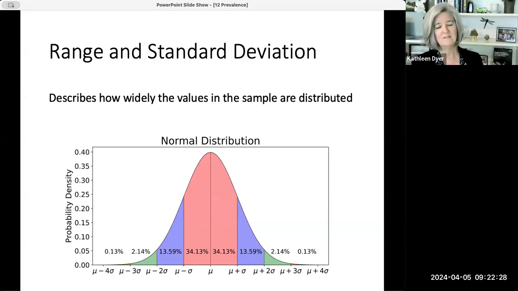Standard deviation is a more standardized way of doing this, but let's think of all of the test scores if we plotted them. Maybe 75 is that middle line down the red middle part of the distribution. What we're saying, if it's a normal distribution, and not everything is, but for the sake of this conversation, we're going to pretend that most of the numerical things we care about are normally distributed.